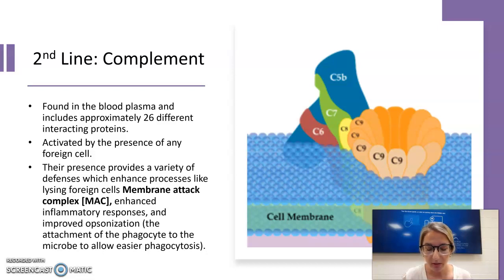But if a bacteria also has a membrane attack complex on its surface that's working to destroy the cell membrane, that is like Vegas flashing lights that alerts the phagocytic cell to come and assist. So at that point, the phagocytic cell would assist by engulfing the bacteria and degrading it. So opsonization is just enhanced phagocytosis.